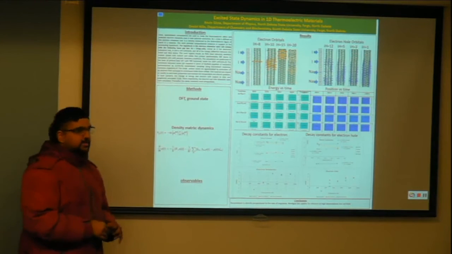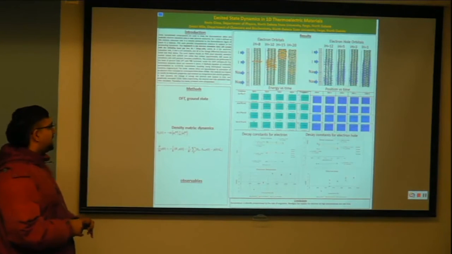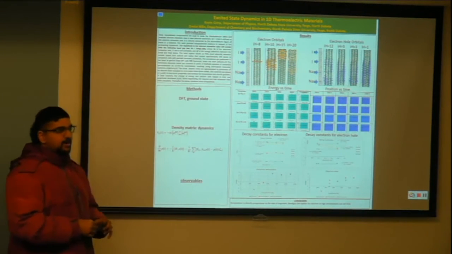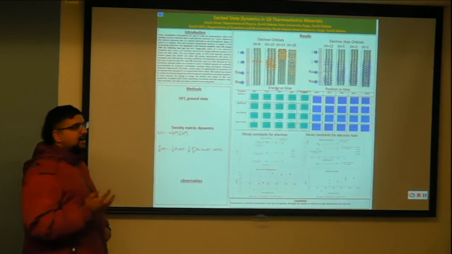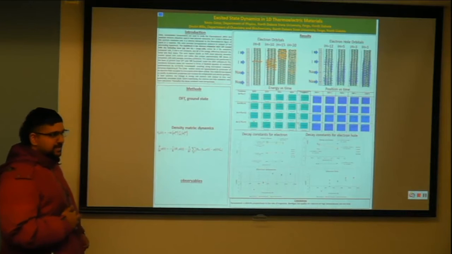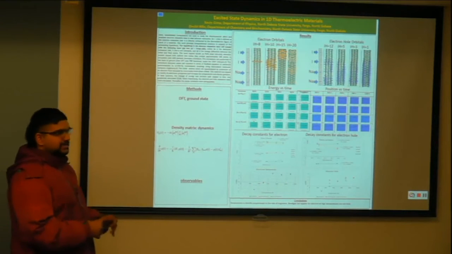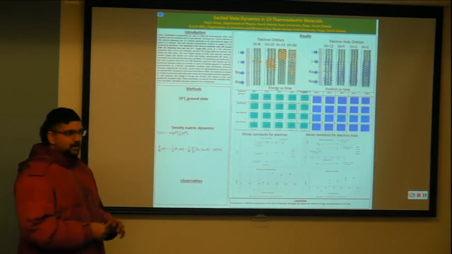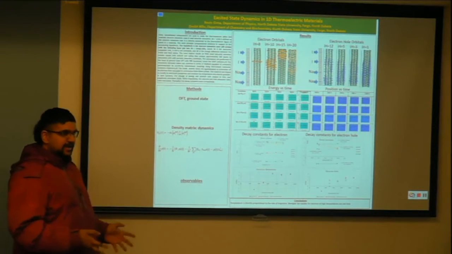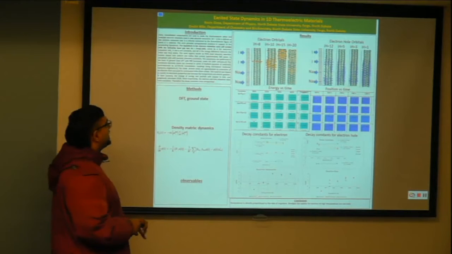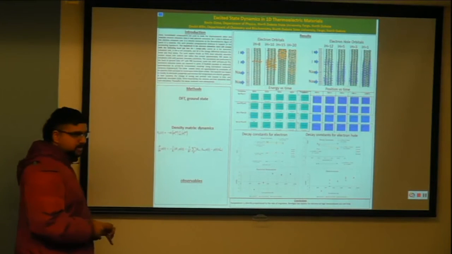So what I'm computing are the electronic relaxation rates using non-adiabatic dynamics. Basically, I'm studying how long it takes for electrons to return to the ground state in the non-adiabatic approach.